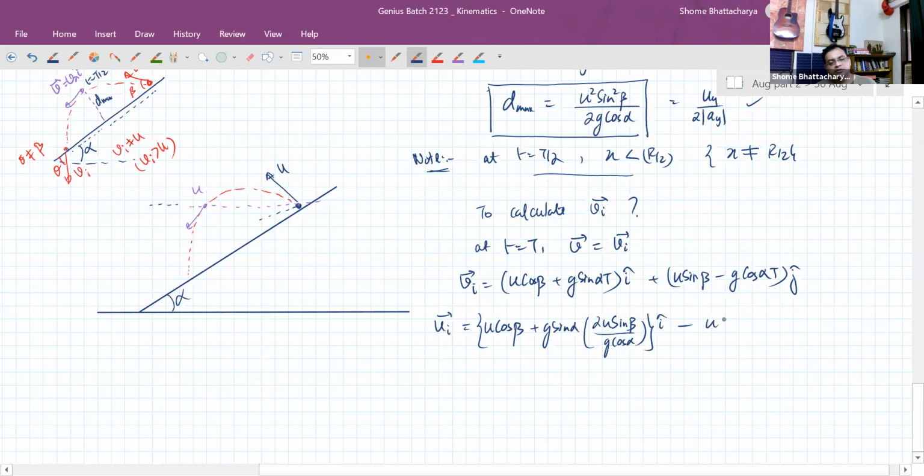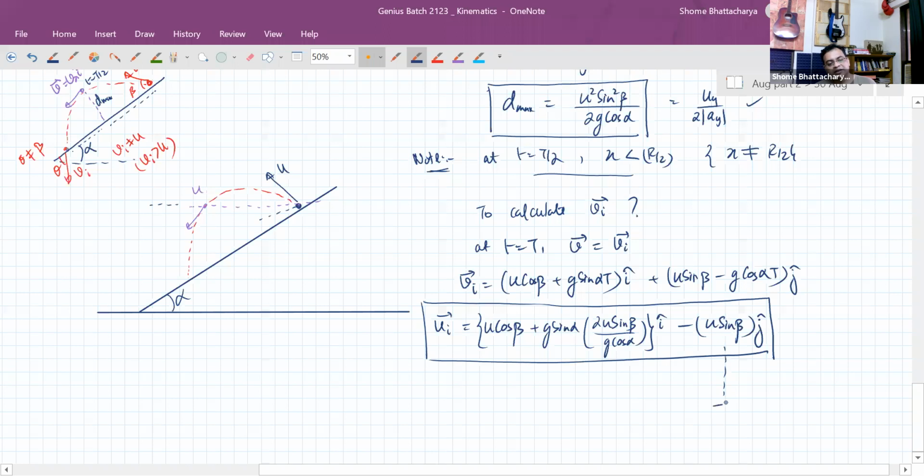When you substitute and solve, you'll see the second term will become minus U sin beta. So this term is actually the negative of Uy, but the x term that we are getting is greater than Ux. It's just an observation. It makes sense with respect to the geometry that you're seeing.